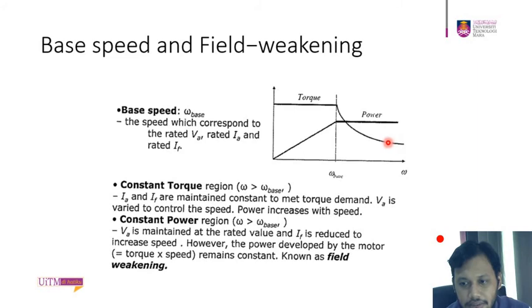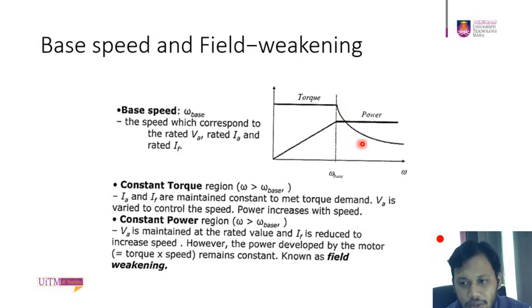IF is reduced. However, the power developed by the motor, that is the torque times speed, remains constant, whereas you see your torque is reduced. So this is known as field weakening.